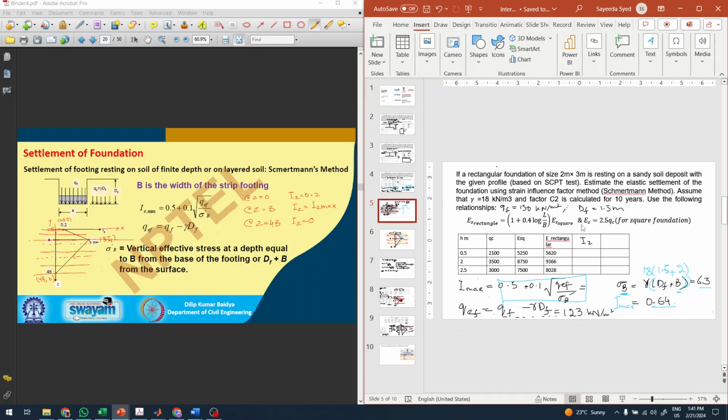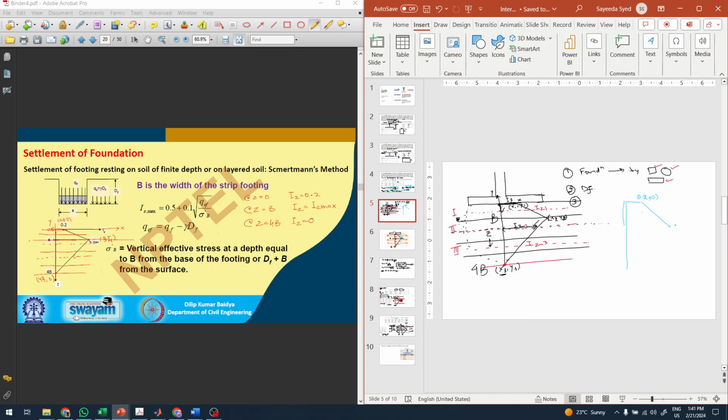So we will get here 0.64 comma 2, this is at z equal to 2, and this will be at 4b, which is 8 meters, so this will be 0 comma 8. So this is our diagram.